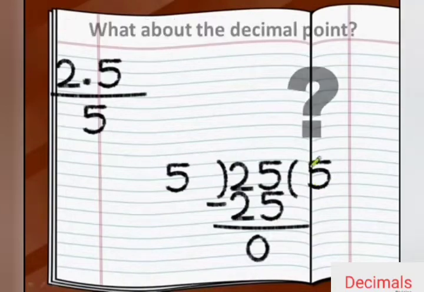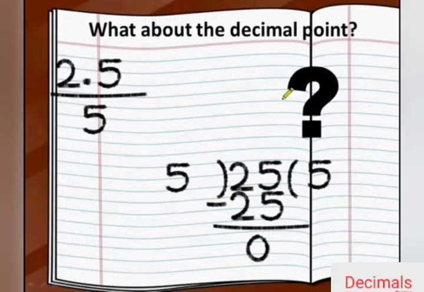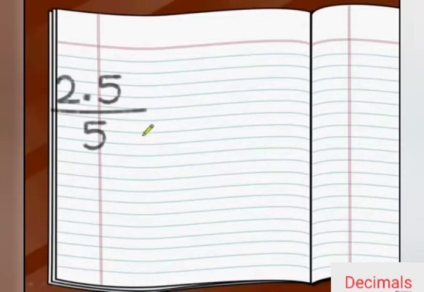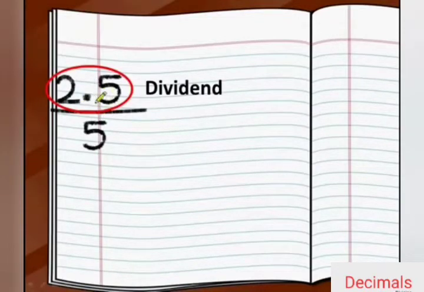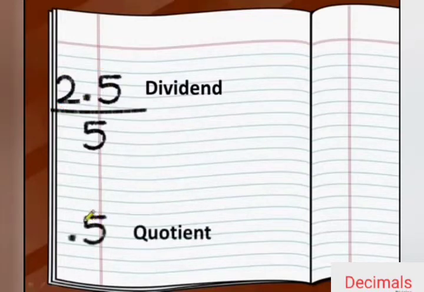But what about the decimal point? So, in the second step, what will we do? As we have discussed, we will count the number of digits after the decimal point. Here we have tenths, and in the answer we will go from right to left.